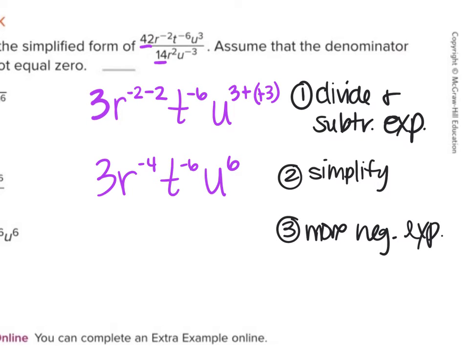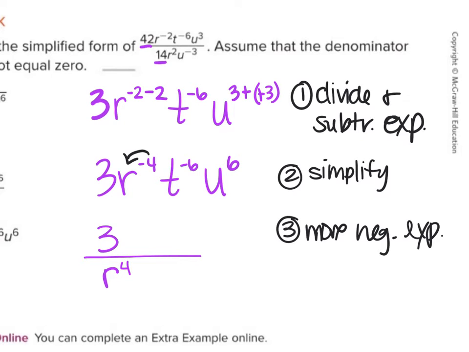So the 3, does the 3 have a negative exponent? It doesn't have an exponent at all. So 3 is just 3. Okay, now the exponent only goes with what's right in front of it, okay? So the negative 4 goes with what? The r, only the r. So I take that, put it on bottom, and make negative 4 become what? Positive, just 4.